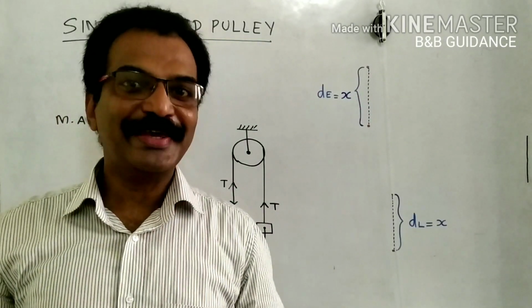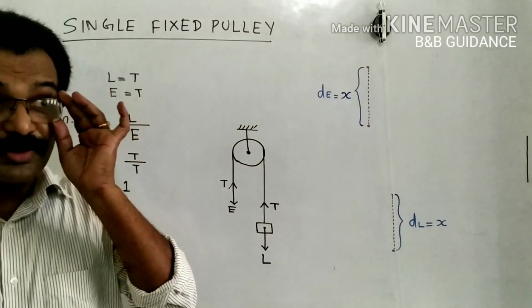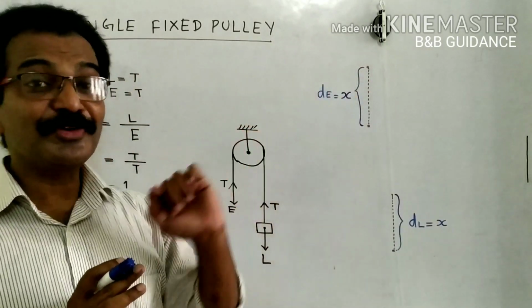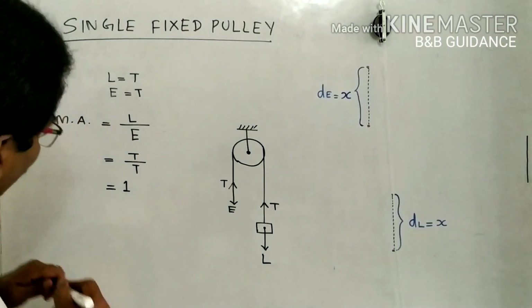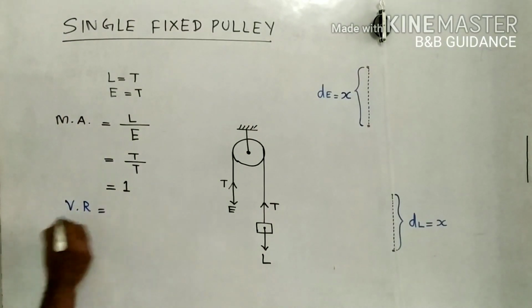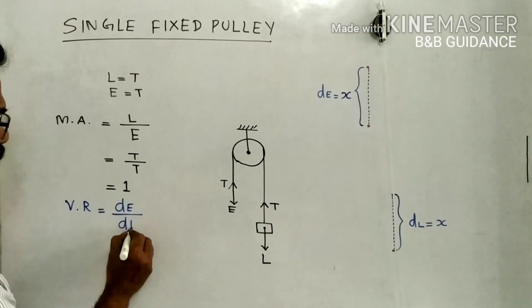Now we can find the velocity ratio. When we find the velocity ratio, we will understand whether the single fixed pulley is a speed multiplier. Velocity ratio is equal to displacement of effort divided by displacement of load.